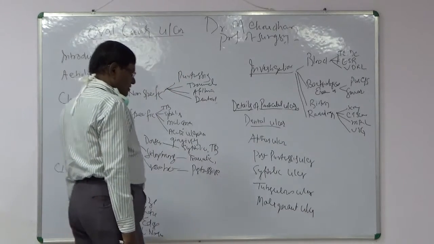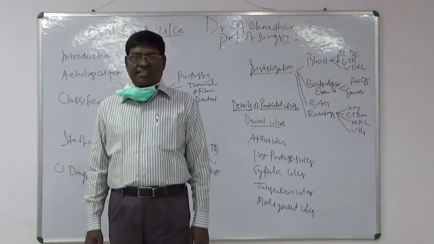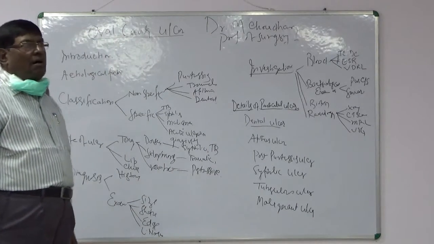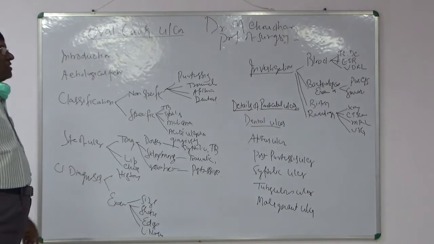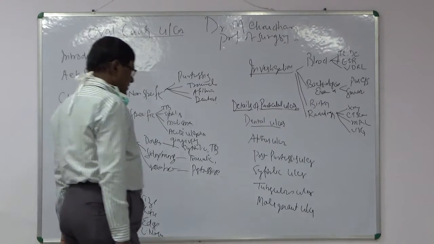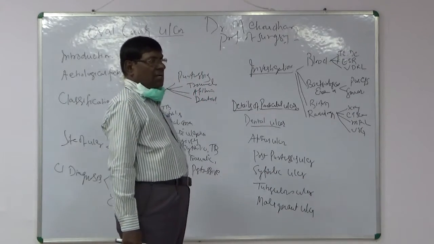In the secondary stage, that is the snail track ulcer, the ulcer takes place in the buccal cavity 3 or 4 months or 6 months after the primary chancre, on the dorsum of the tongue or in the buccal cavity.